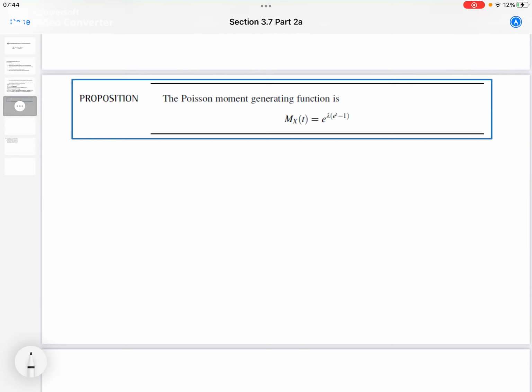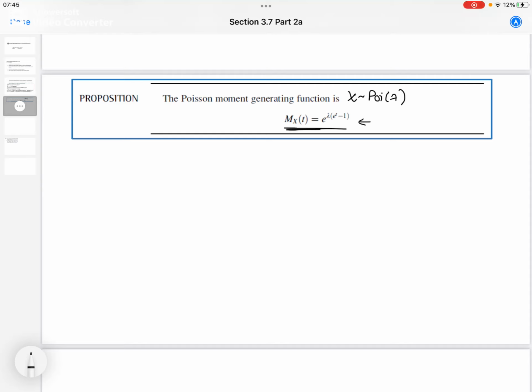So the proposition says the moment generating function of a random variable X that follows a Poisson distribution with parameter lambda is given by that formula there, where the moment generating function is equal to e to the power lambda times (e to the power t minus 1).